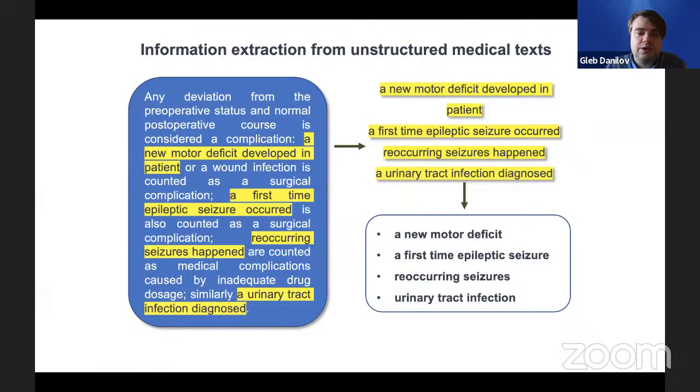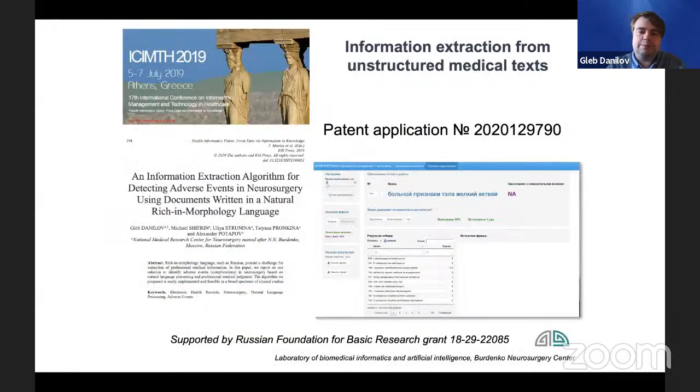And we were able to construct such an algorithm which can give an expert an opportunity to extract lots of data from millions of medical records in a reasonable amount of time. We published this algorithm and applied for a national patent. We created some special software to extract information from medical text.